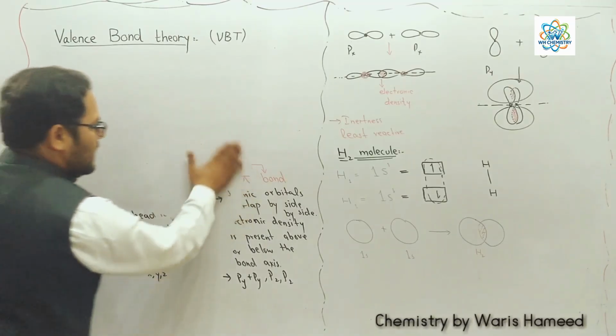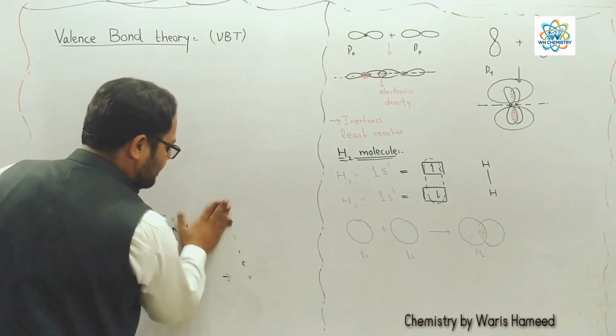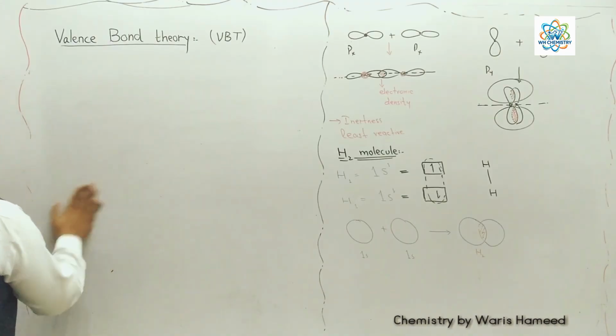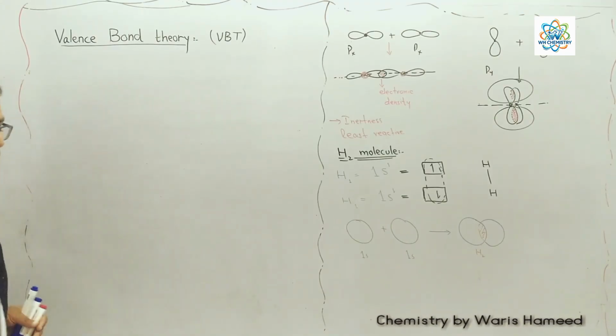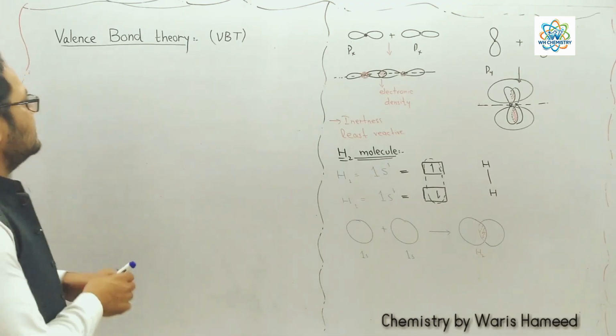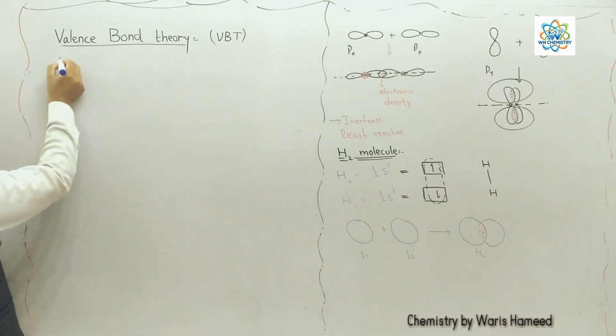Now the second example is F2, the fluorine molecule, and we can explain the fluorine molecule on the basis of VBT. We know that fluorine has 9 electrons in its shells.